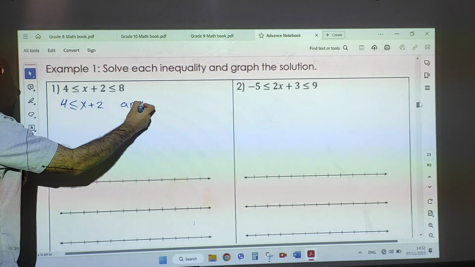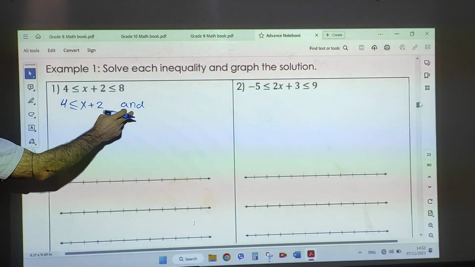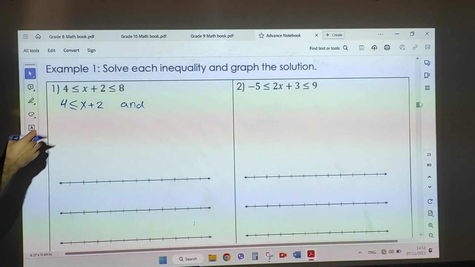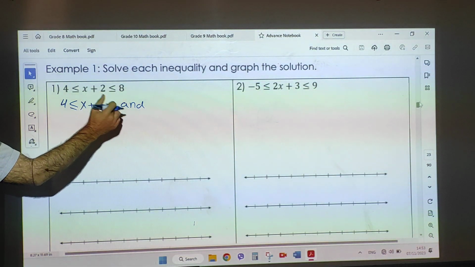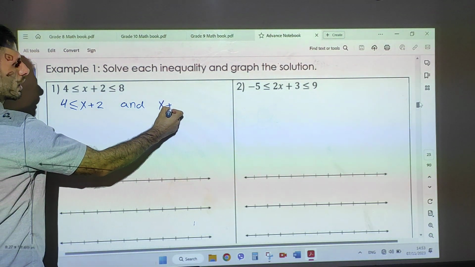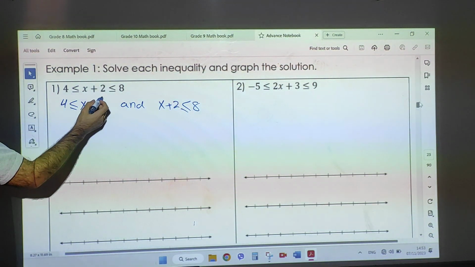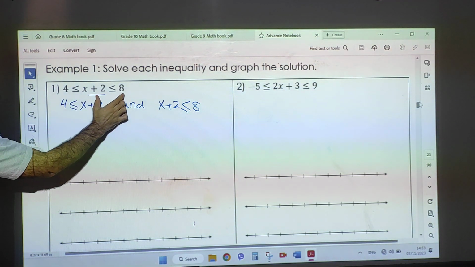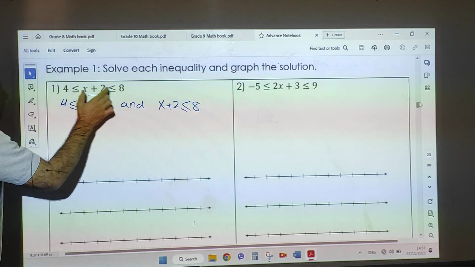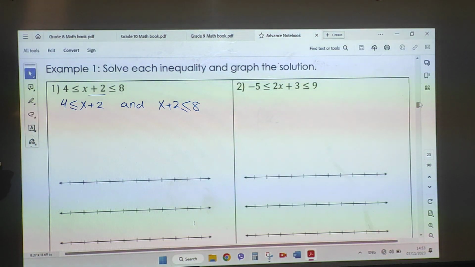And always when they are all together, with nothing between, we write AND: x plus 2 is less than or equal to 8. The one in the middle, once we use it with this one, once with the other one.